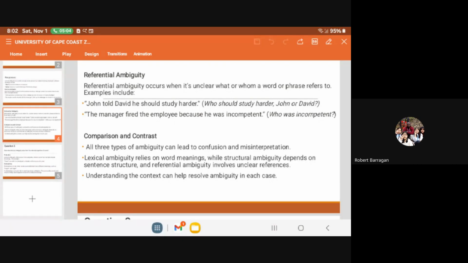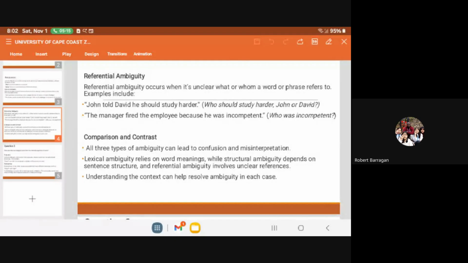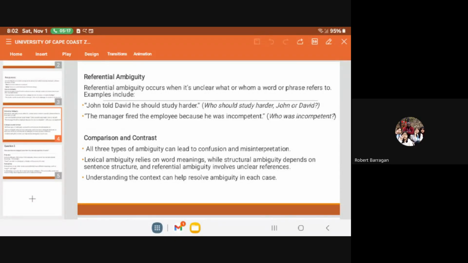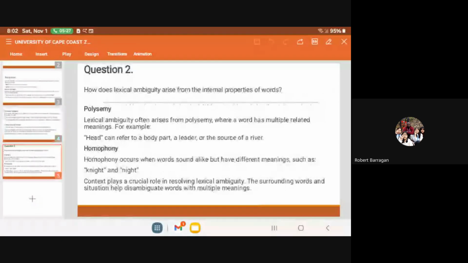Structural ambiguity depends on the form or structure of the sentence. And referential ambiguity involves unclear references, who is being referred to in the sentence. So understanding the context, as Madam mentioned earlier on, can help resolve ambiguity in each case. Let's move on to look at question 2 of our group work.